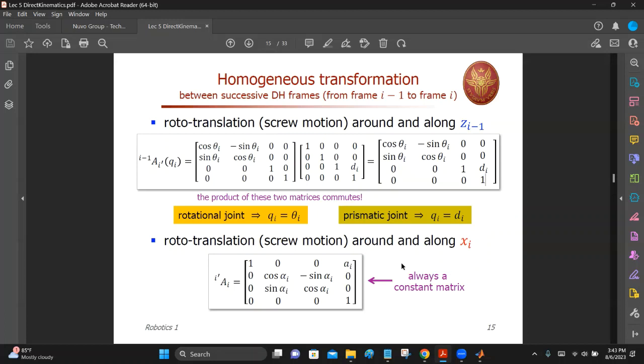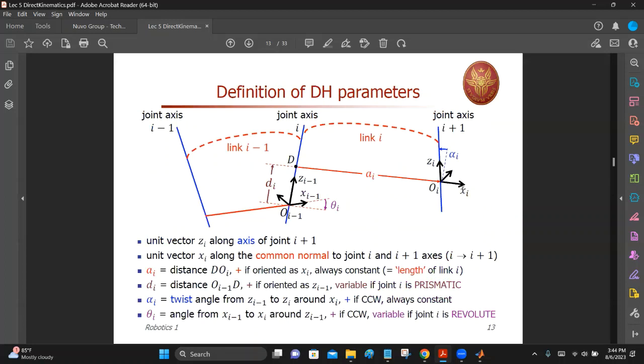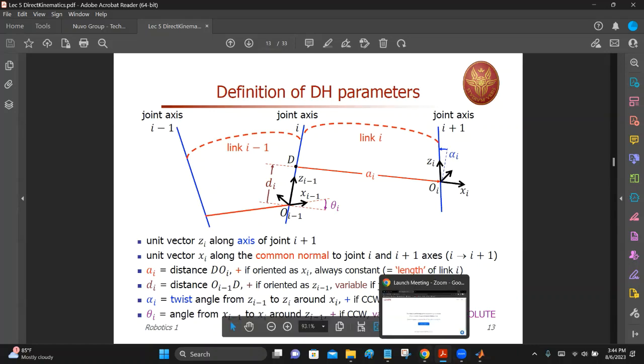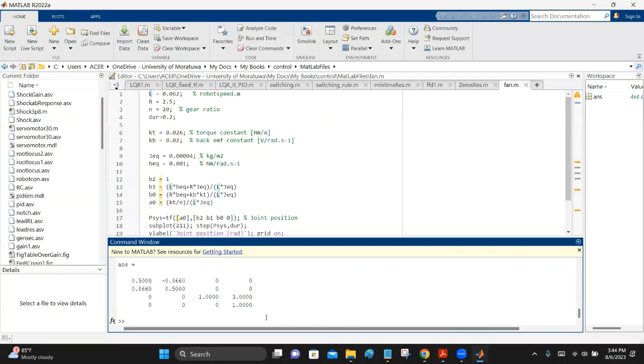The second one is round and along xi, right? The second screw operation is with respect to x, not z. You remember that, I think, right? It's a translation along the x-axis, xi, and then rotation around the x-axis. So in MATLAB, you can try it out.